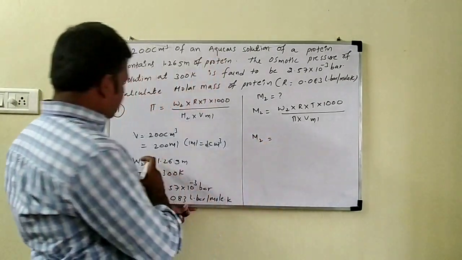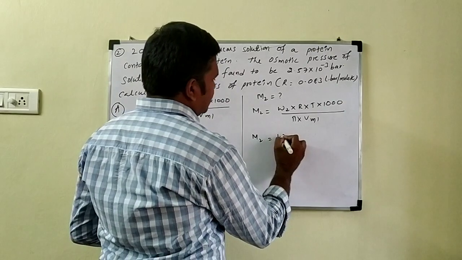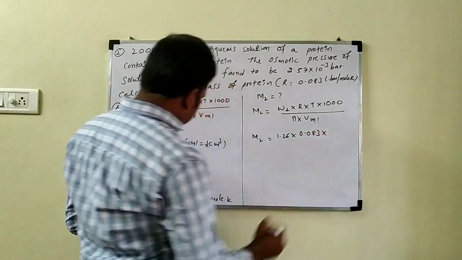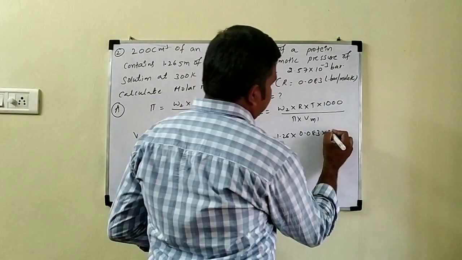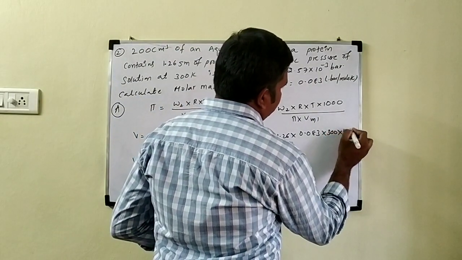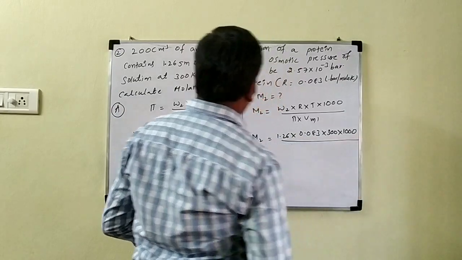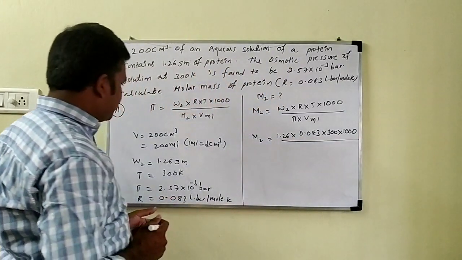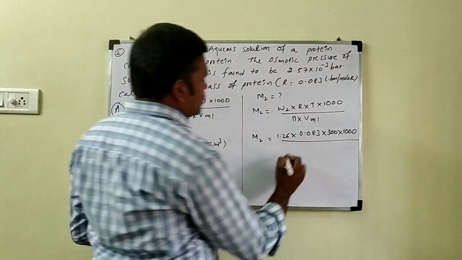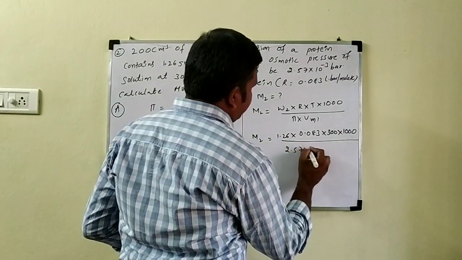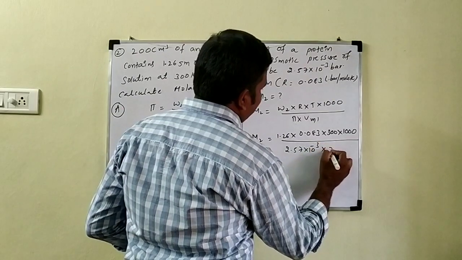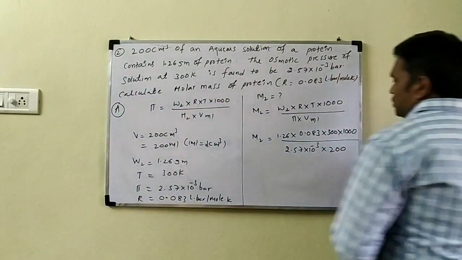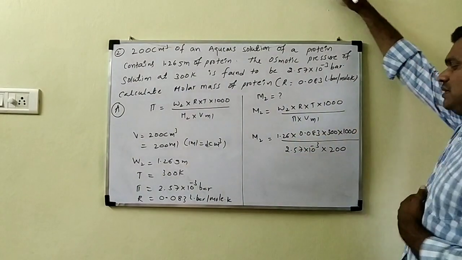M2, the W2 value is 1.26, into R value 0.083, and temperature 300, into 1000, by the osmotic pressure pi, 2.57 into 10 power minus 3, into 200 only. Clear? Now all the values are substituted.